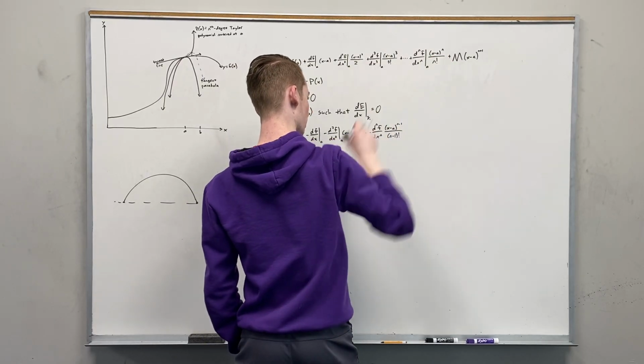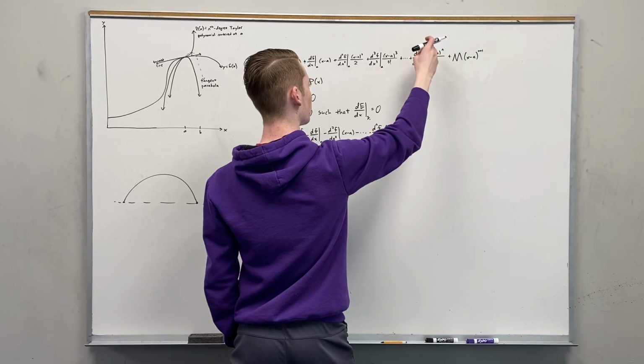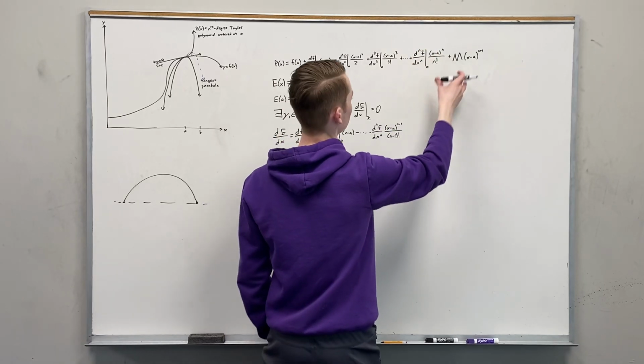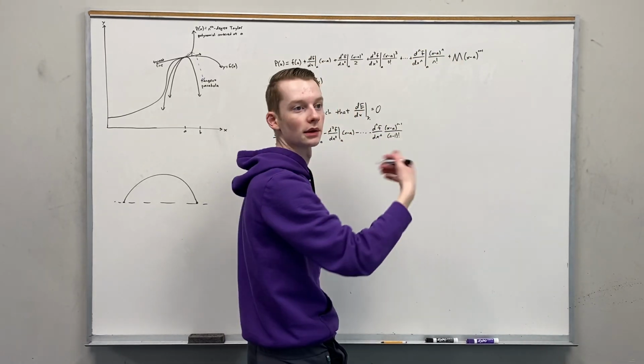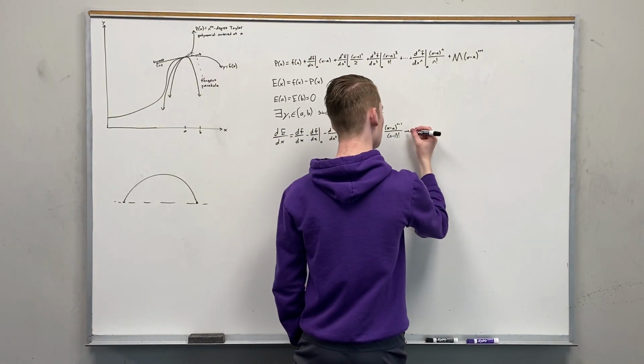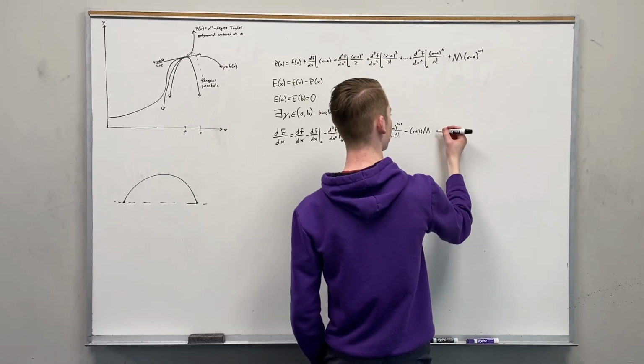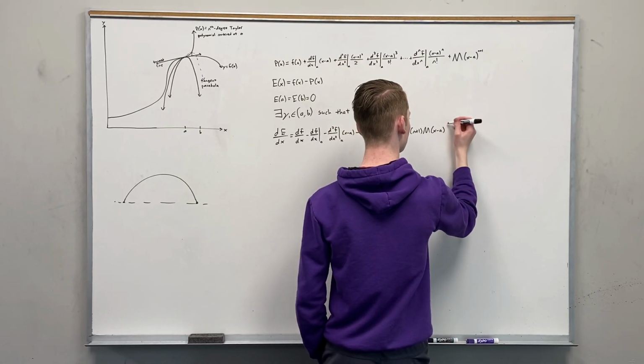The n comes out, n minus 1 at the top. The n at the top cancels out the n times n minus 1 times n minus 2 times etc. So you get n minus 1 times n minus 2 etc., n minus 1 factorial, minus, and then we power rule this last term, n plus 1 times m times x minus a to the n.